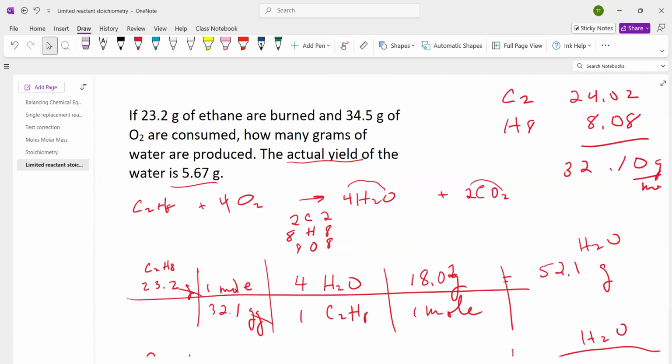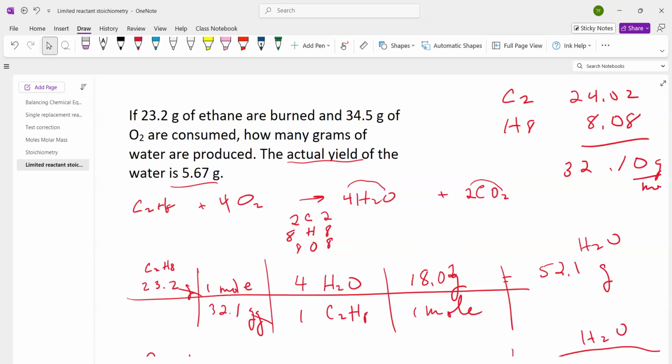The limiting reactant is always consumed 100%. And since oxygen is the limiting reactant here, it's 100% consumed, and the other one is partially consumed. That's why we did the calculation of how much is left over.